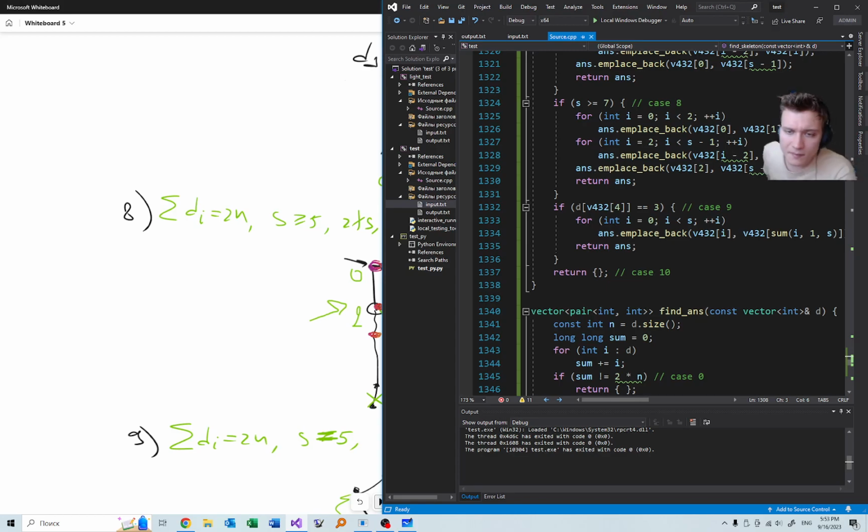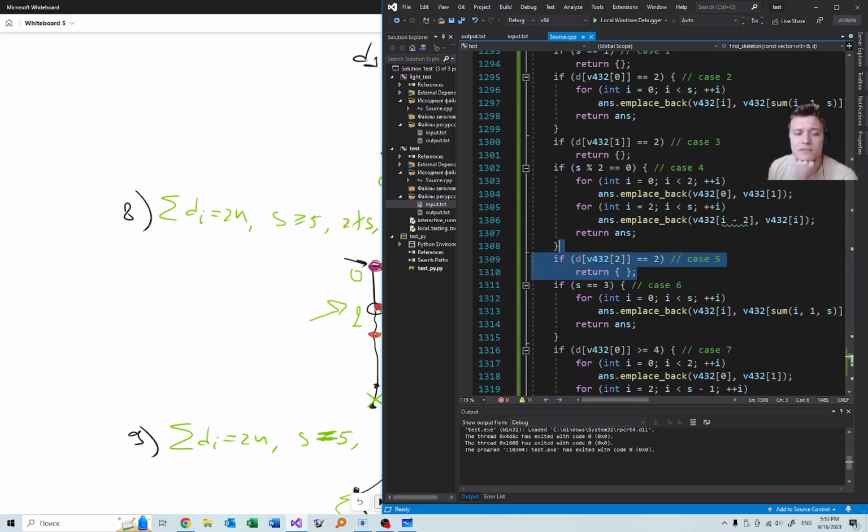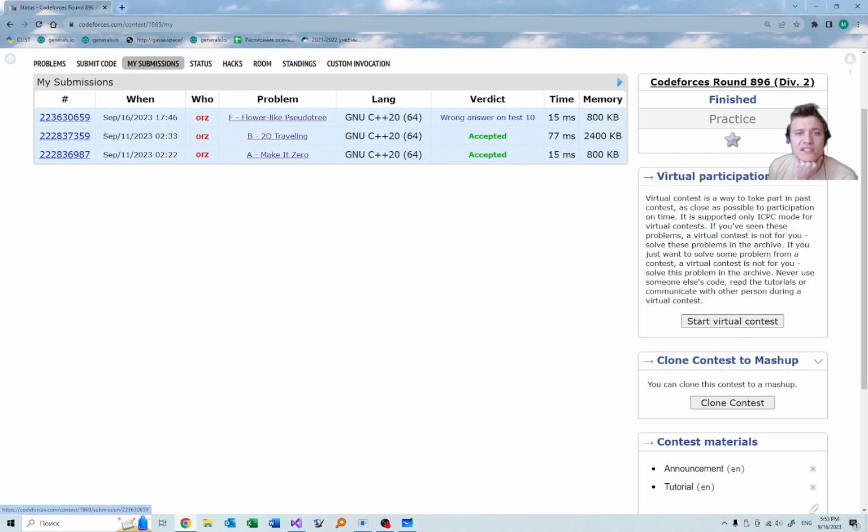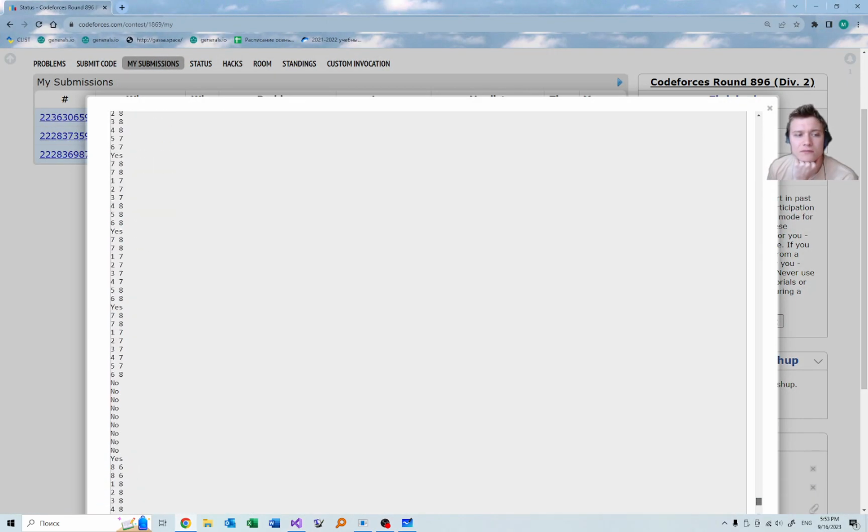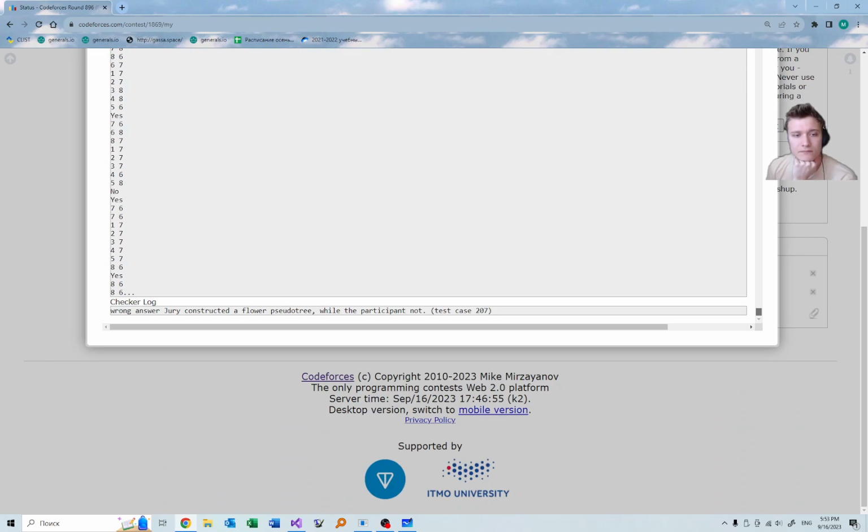It turns out that something is made incorrectly. Again, what's the issue? It says that jury constructed a flower pseudotree while the participant did not. But what is the test?